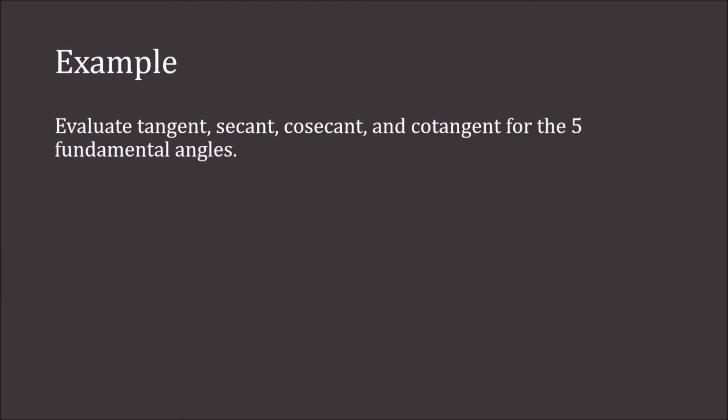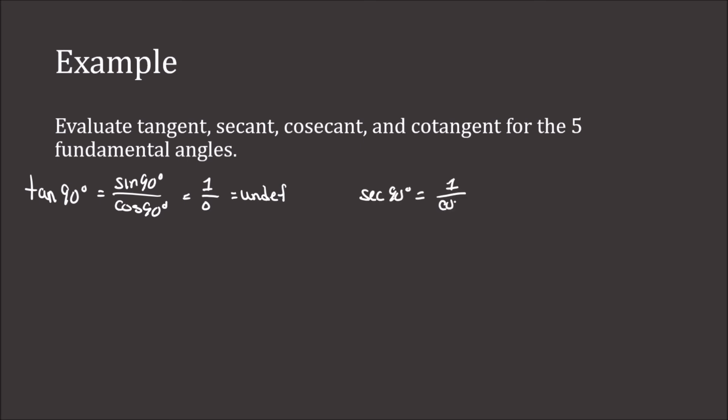And finally, we have 90 degrees. So tangent 90, sine of 90 over cosine of 90. Right, sine of 90 is 1, cosine of 90 is 0. This is undefined. Secant of 90, 1 over cosine of 90, which is 1 over 0, which is undefined.